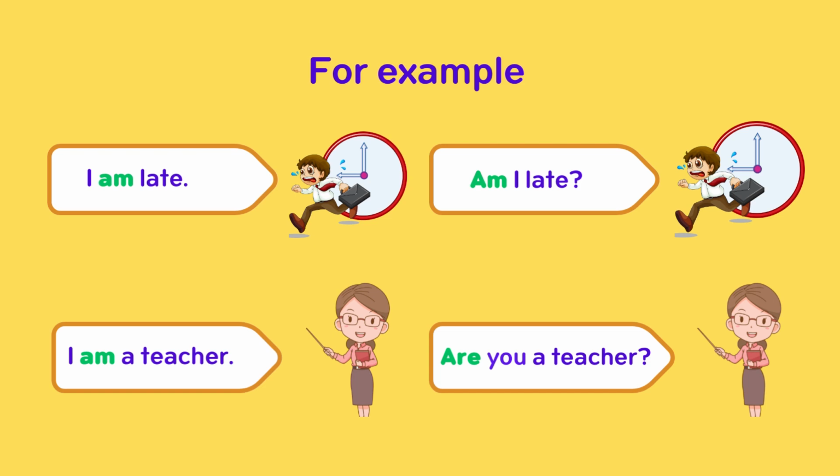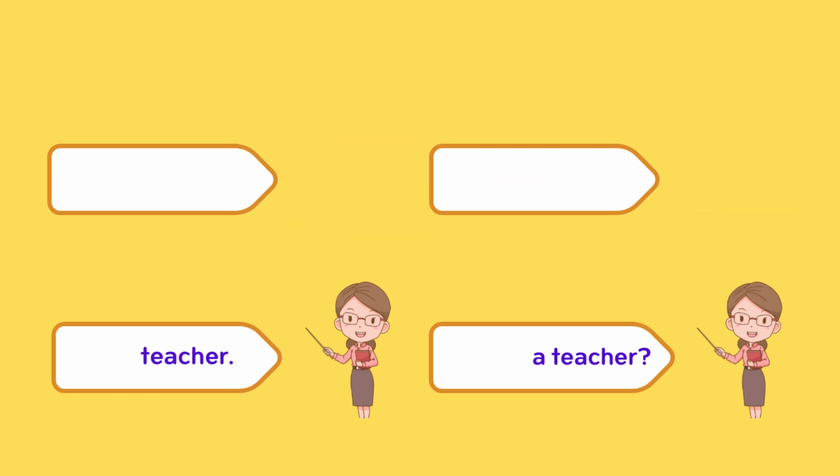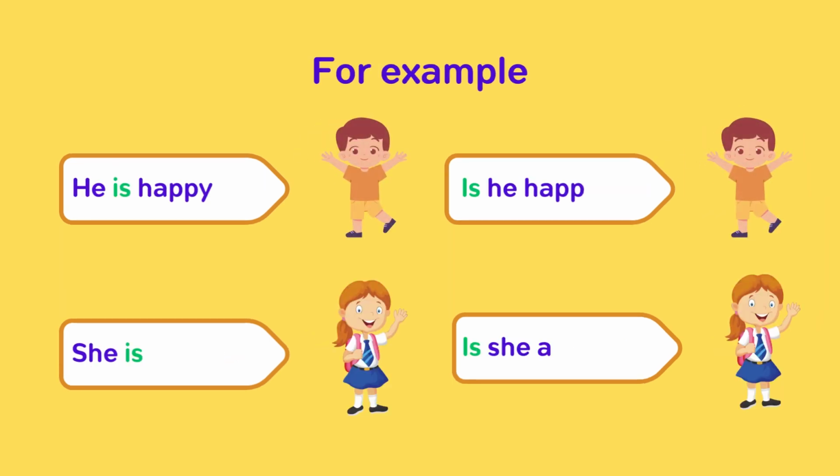So, the am part was a bit tricky, but the rest is easy peasy. Look at this. He is happy. So, I just bring my be verb forward and it would be, is he happy? She is a student.